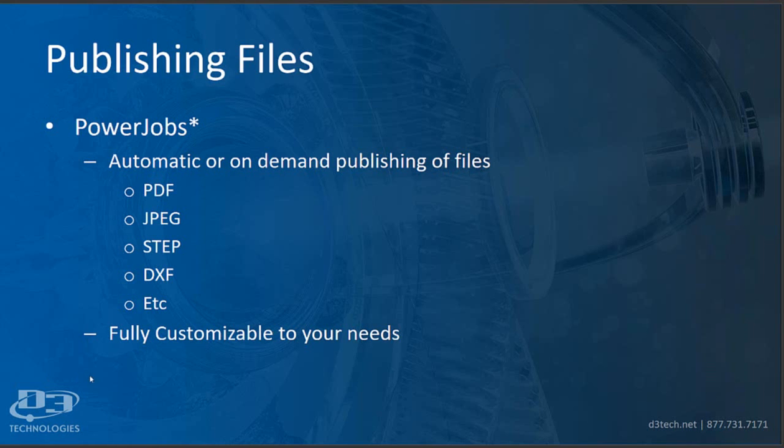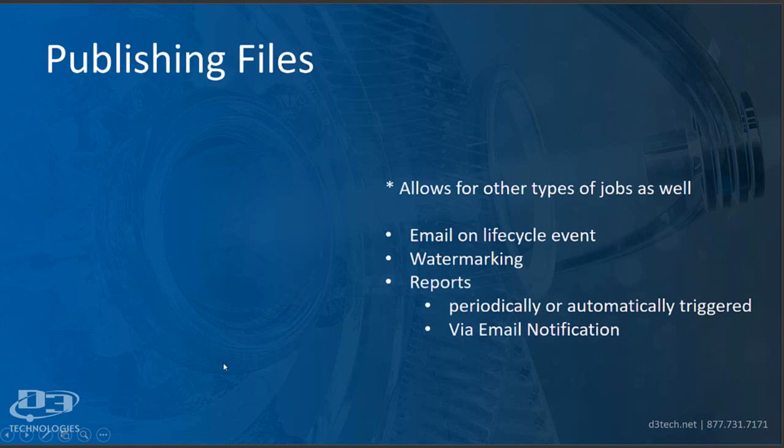But just as an added bonus, we can also do other types of jobs once we put PowerDrops on there. Send an email on a lifecycle event. That's not out of the box for Vault. Vault will send an email when change orders are done, but if you just set a file from Work in Progress to Checking, we can say, grab this project manager's name from your properties and send him an email that it's set to Checking.